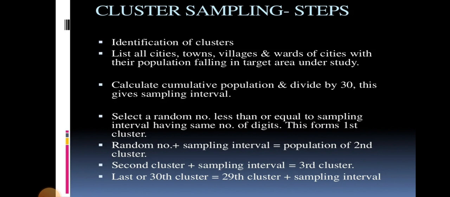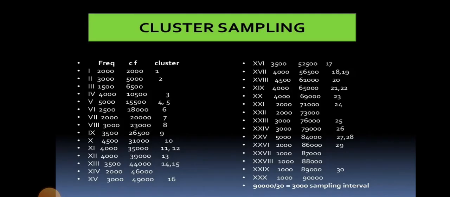The random number 10 plus the sampling interval 17 gives the population of the second cluster. Then the second cluster plus sampling interval is equal to the third cluster. Then the last or 30th cluster is equal to the 29th cluster plus sampling interval. So this is the cluster sampling formula.